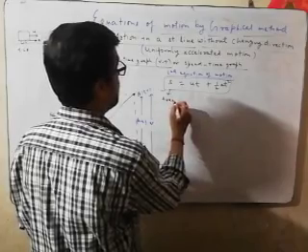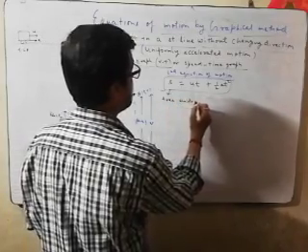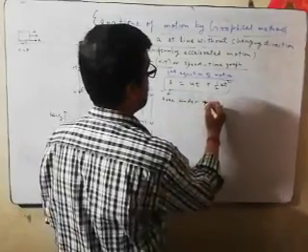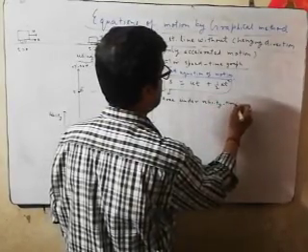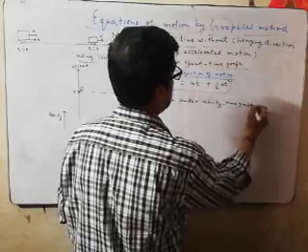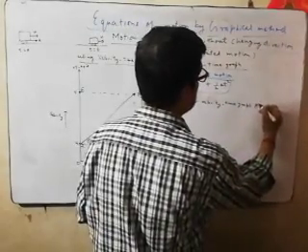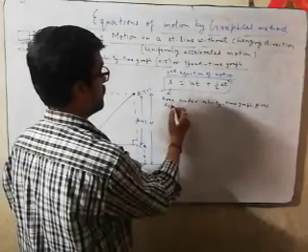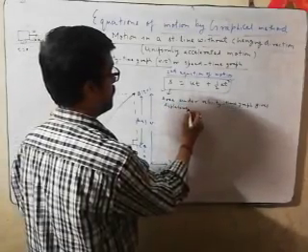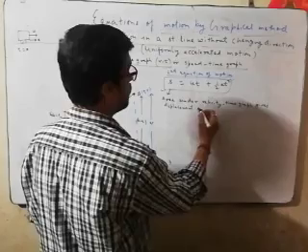So the area under the velocity-time graph gives the displacement of the body.